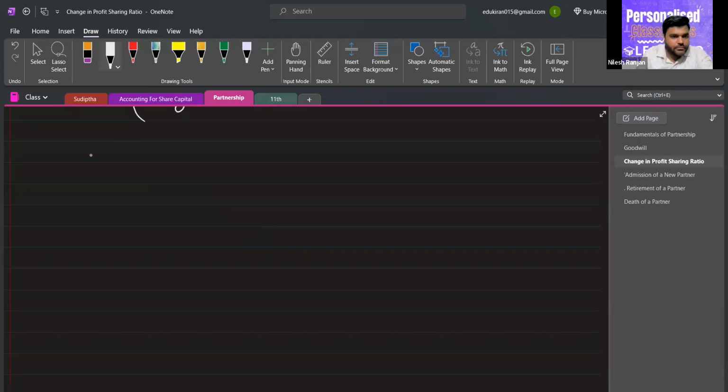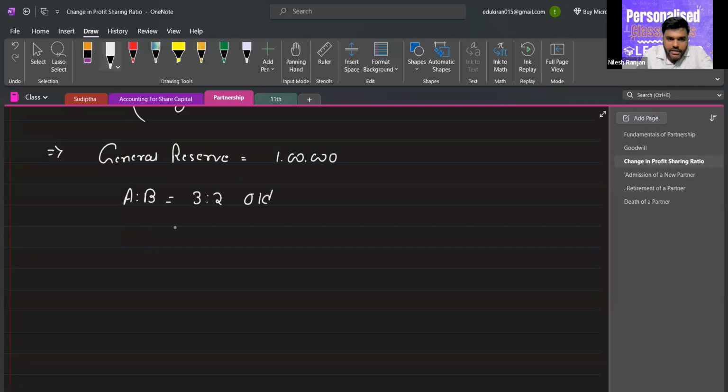General reserve is given as 1 lakh rupees, and there are two partners A and B. Their old profit sharing ratio is 3:2, and the new ratio is equal, that is 1:1.